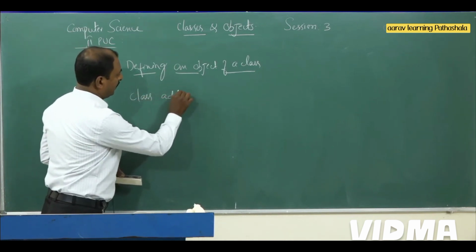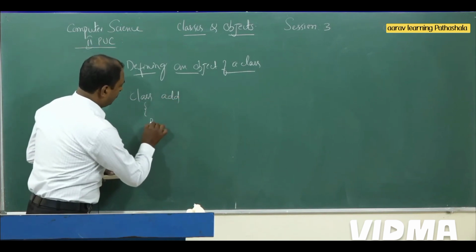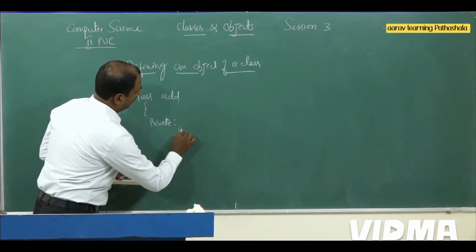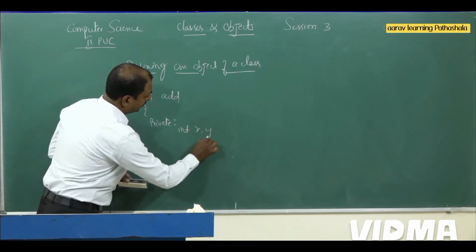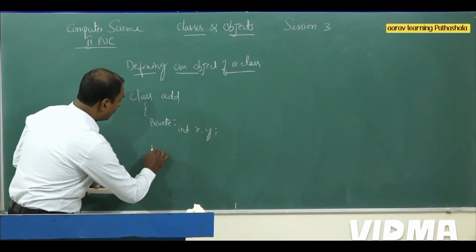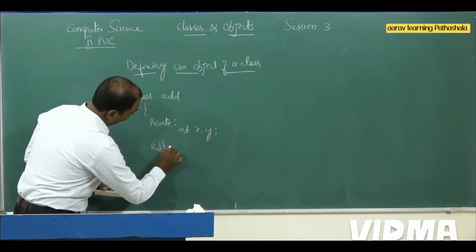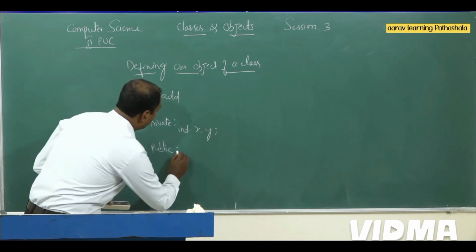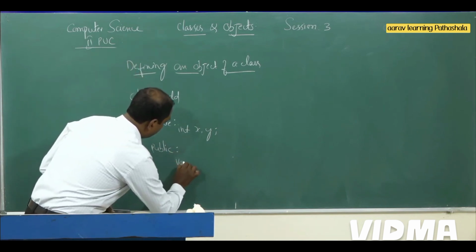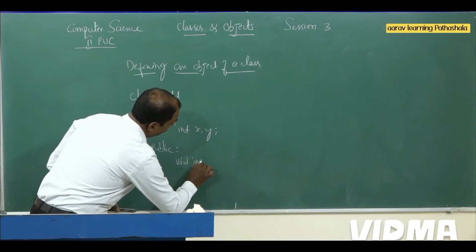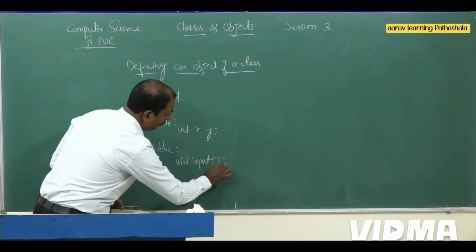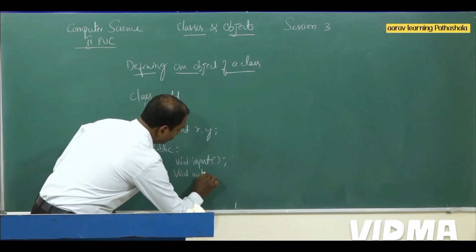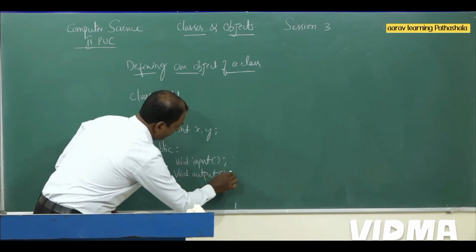Class add, under private int x, y, and under public, void input is one function, void output is another function.